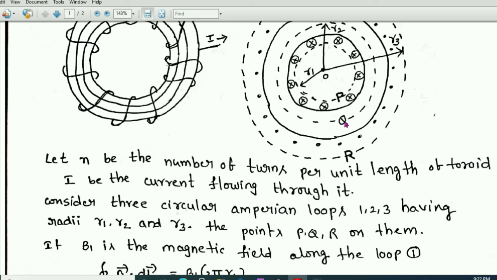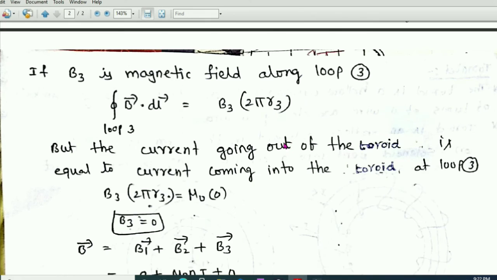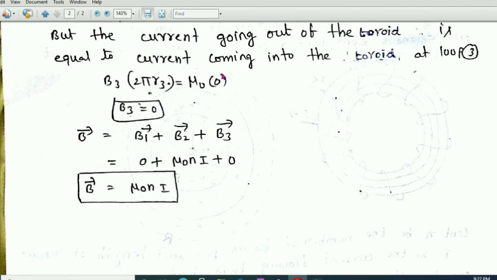So B1 is the magnetic field at the inner free space of the toroid at point P, B2 is the magnetic field at a point inside the toroid at point Q, and B3 is the magnetic field at a point R on the outer free space, on loop 3. Now the total magnetic field is the vector sum of the individual magnetic fields: B bar is equal to B1 bar plus B2 bar plus B3 bar.